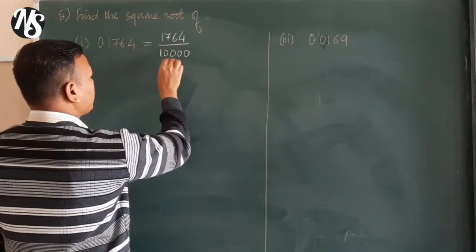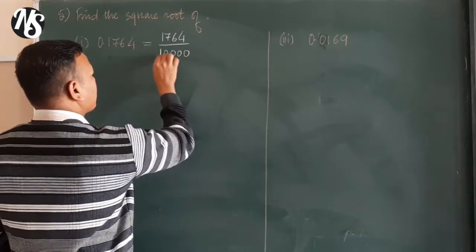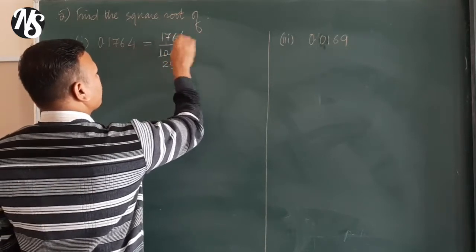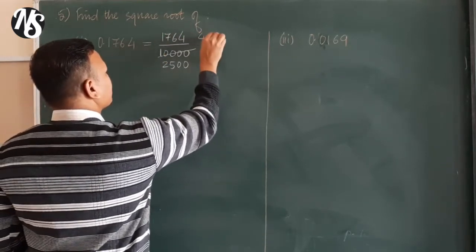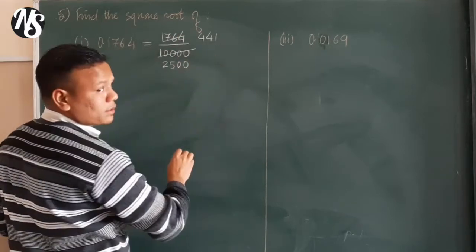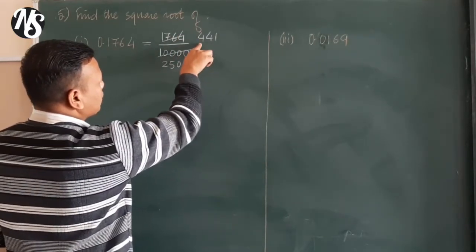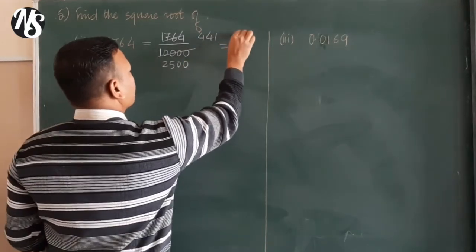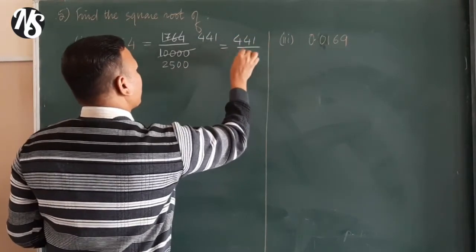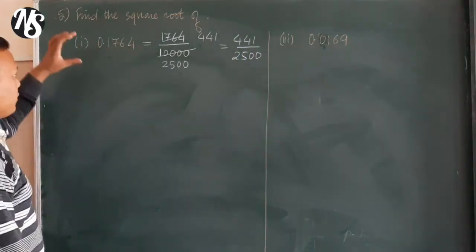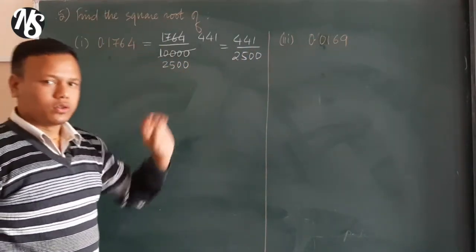With 4, you get 2500 here. So 4 for the 16, 4 for the 16, you get this much, right? Can you cancel this by any other number? No, I guess you won't be able to. So this is 441 by 2500. That's what we get when we convert this into fraction.